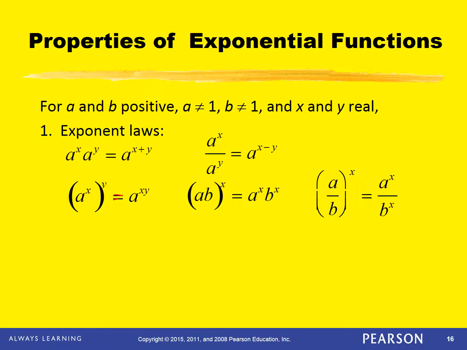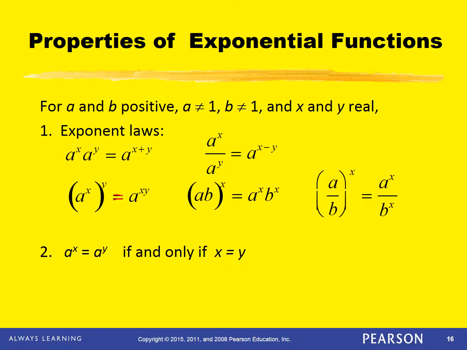When you have a power of a power, you multiply the powers. And here we see other familiar rules of exponents: a to the x times a to the y equals a to the x plus y. So all the old rules of exponents, we want to be fresh with those.